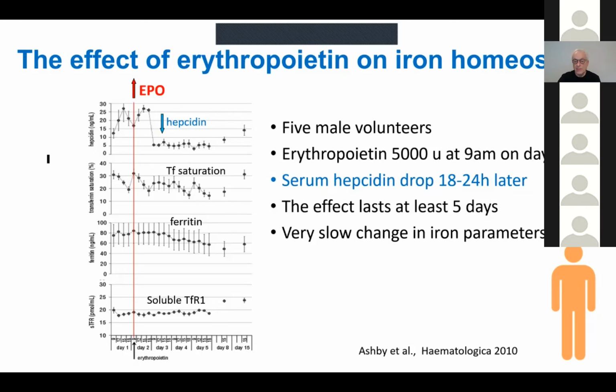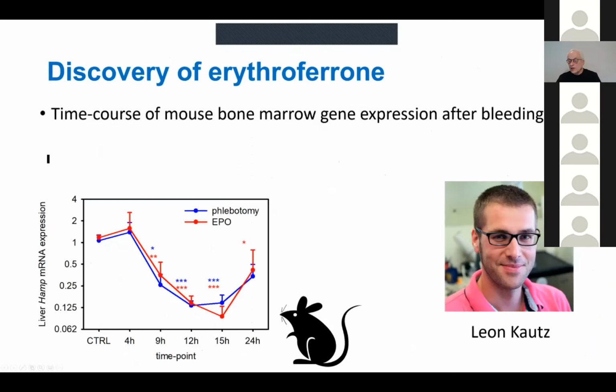I was lucky that at about that time when we were contemplating starting this project, Leon Kautz showed up in our lab as a postdoc, and he drove this project to completion. And was a very excellent experimentalist and thinker, and really should be credited with this discovery.